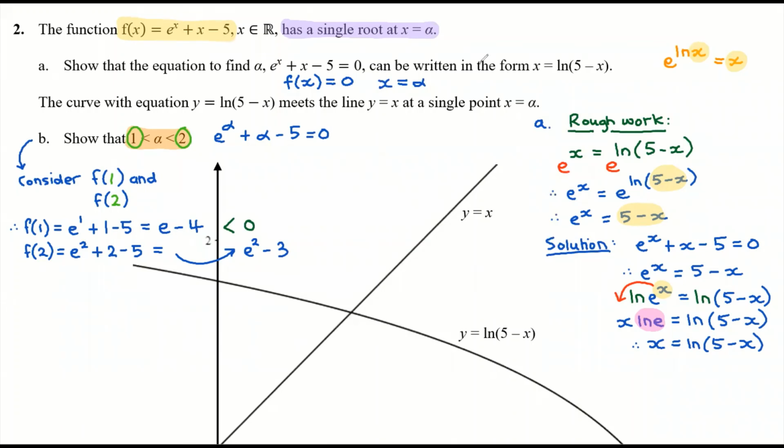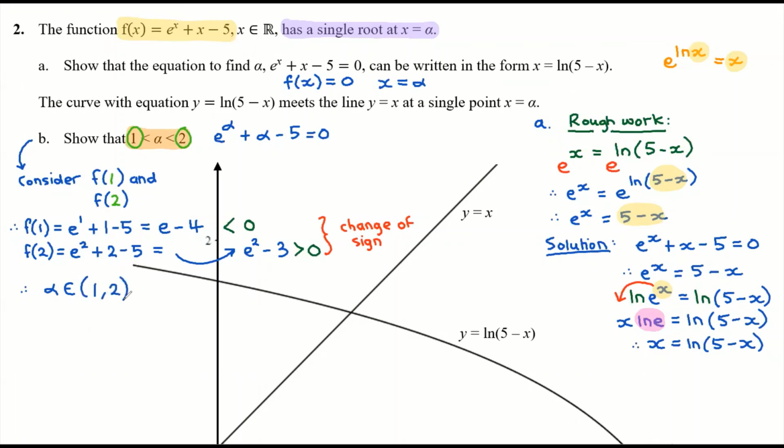So that's positive. So what we have here is a change of sign. Now because we have the change of sign, we can now say, therefore, alpha must lie between 1 and 2.